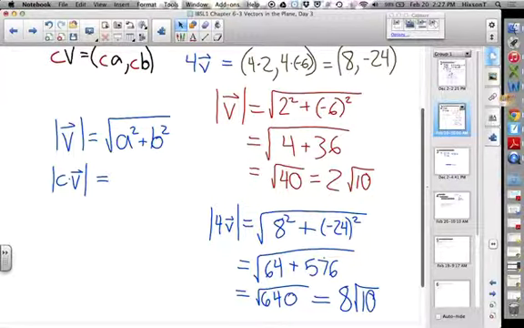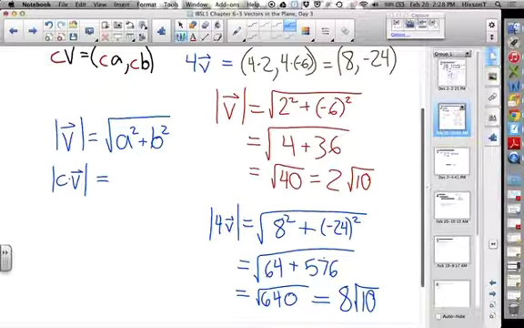Exactly. And that's the property we want to look at. When you multiply a vector by a constant and find the magnitude of that result, that's going to equal the constant times the magnitude of that vector.